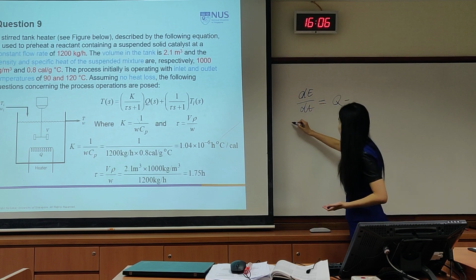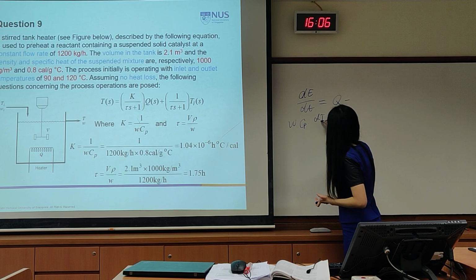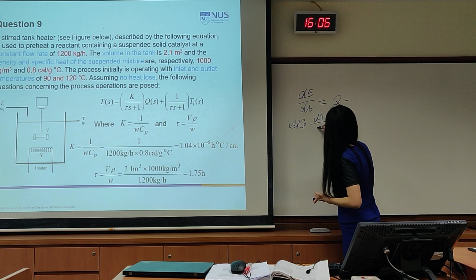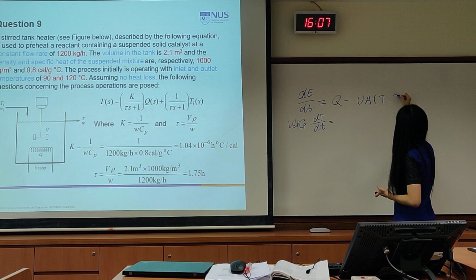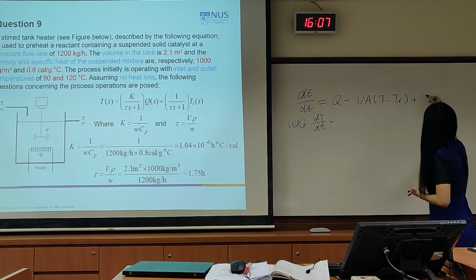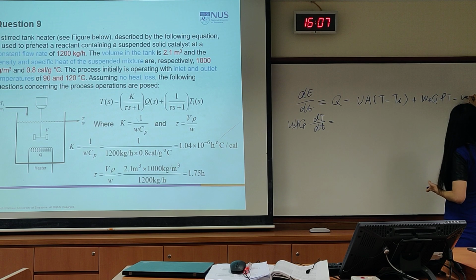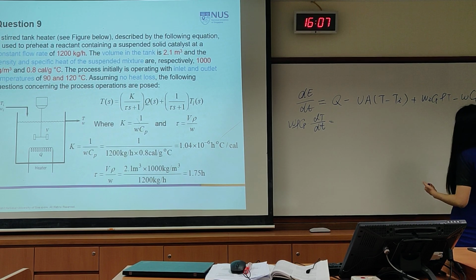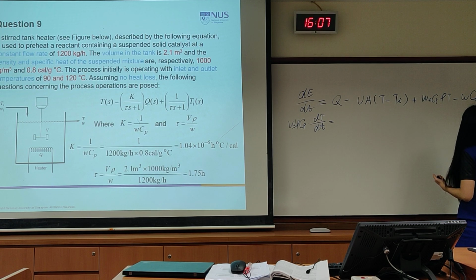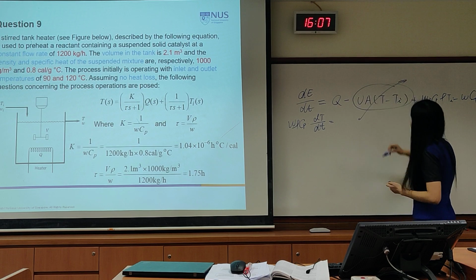Normally we write this. I said I won't write it down for you, but I still keep writing the energy balance. Just like a practice, you should be able to write this yourself. And this is the energy heat loss.